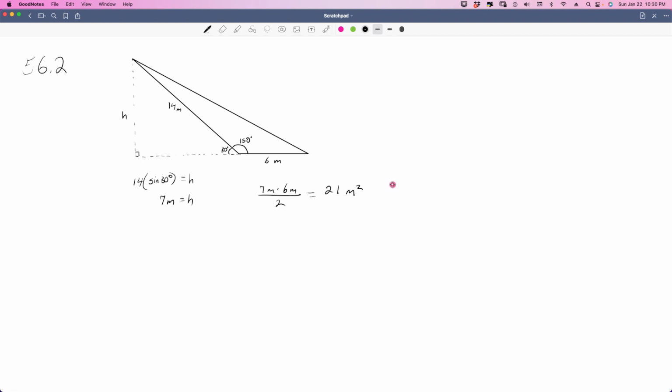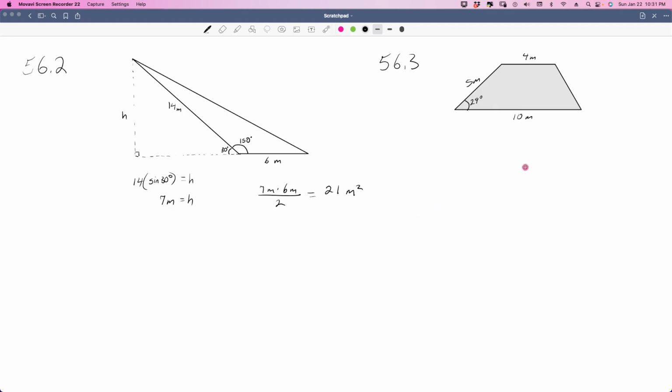All right, so let us look at 56.3. Another example for you to go off of. So now we need to find the area of this trapezoid.